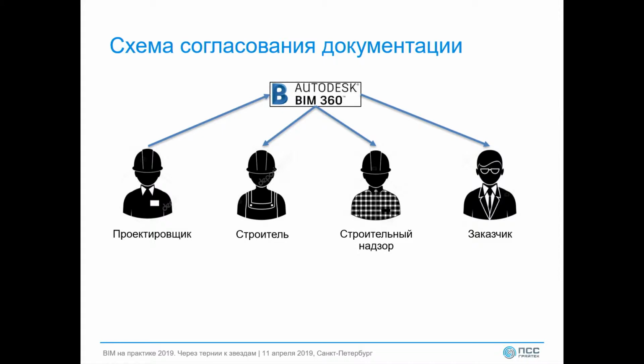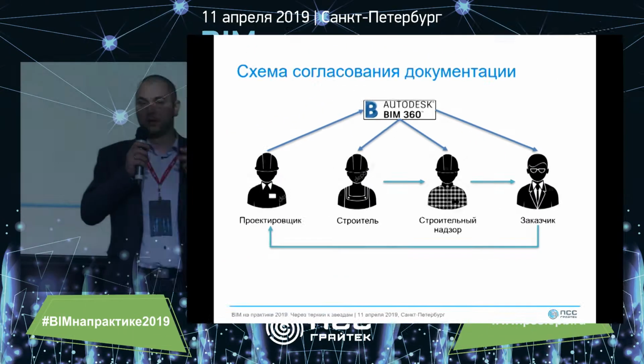The designer puts documents to a unified BIM360 cloud platform, and this document is shared with builders, with building oversight and the customer. And the approval process looked the following: all the comments from builders and oversight were accumulated by the customer and then transferred to the designer.